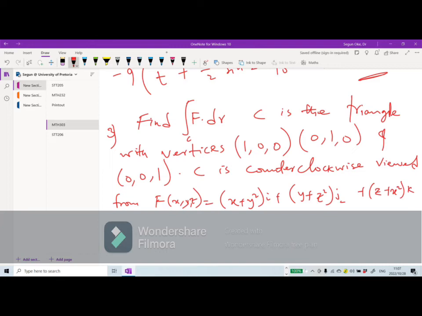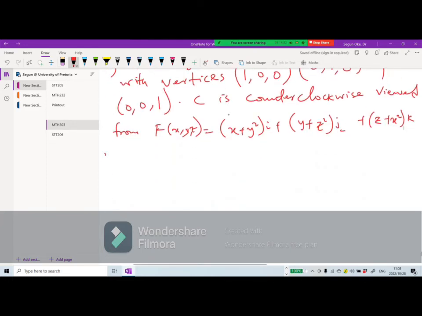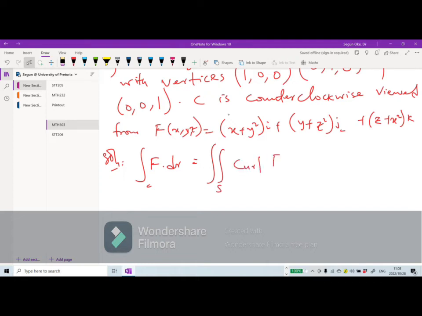So how do we solve this one? Recall that from the formula, the solution is the integral over C of F dot dr, which is the same thing as the surface integral of curl F. Now, we are talking about a triangle here. Let's draw our triangle.